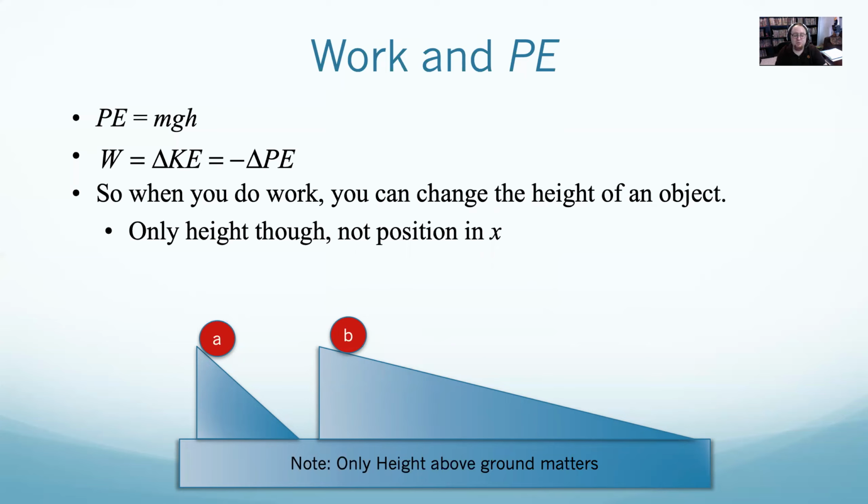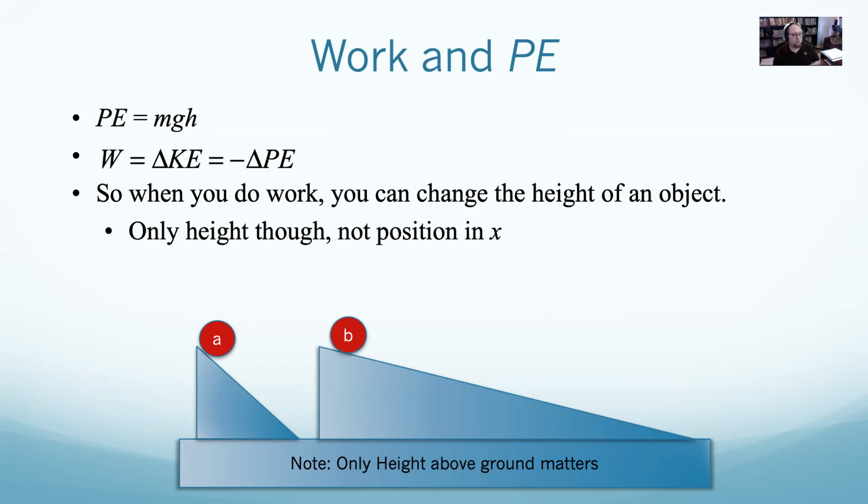And anytime you do work on something, you can say that you change the kinetic energy, but when you do work, you can also change the potential energy. Work can do one of 2 things. If I lift something, I'm not necessarily giving it more kinetic energy, but I give it potential energy. Work is always change in kinetic energy or negative change in potential energy.